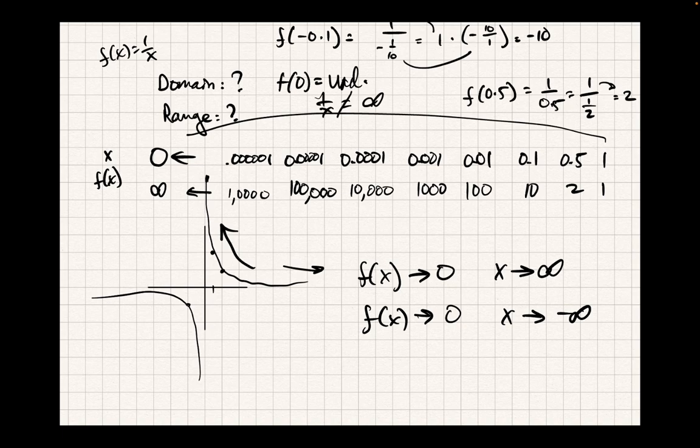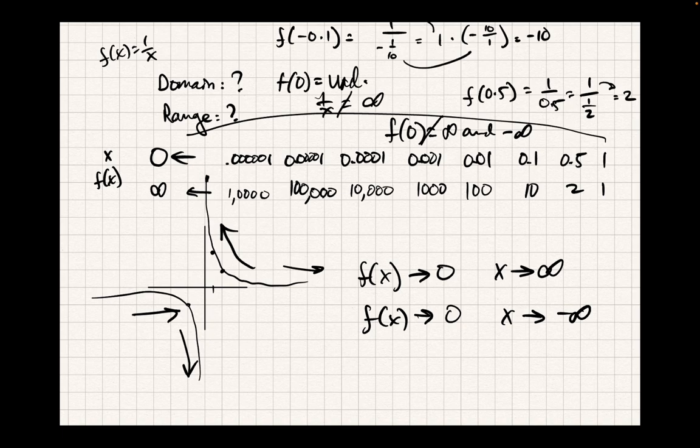If we approach x from the left, f of x goes to negative infinity. So at the same time, you would have to say f of 0 equals infinity and negative infinity at the same time. That's a contradiction. So we just say it's undefined. That's really why we say it's undefined.